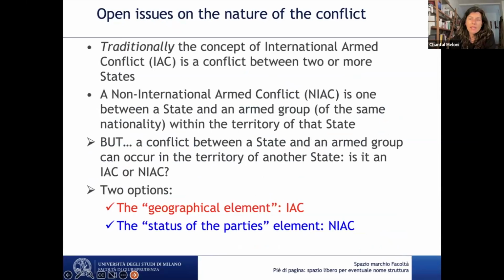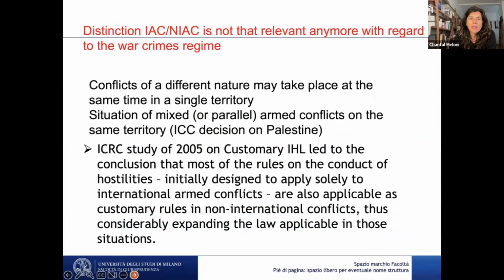So I skip this because in a way I already said, and also Ali before me already said, that there is this problem about the interpretation of what is an international or non-international armed conflict. My bottom line here is that in the end it is not that relevant anymore, with regard to the war crimes regime, to distinguish between international and non-international armed conflict. Why is it not that relevant anymore?